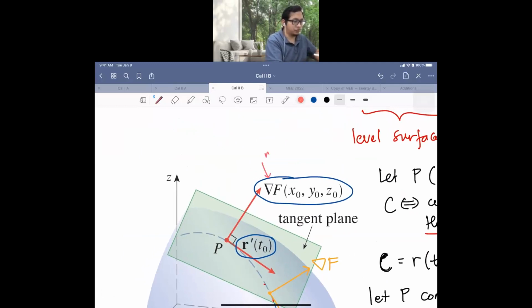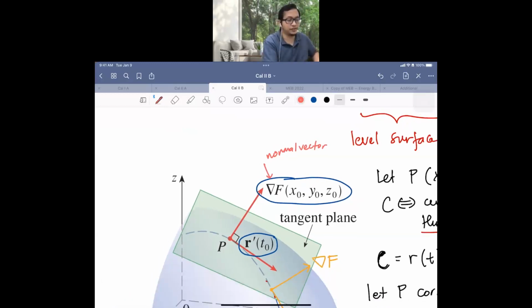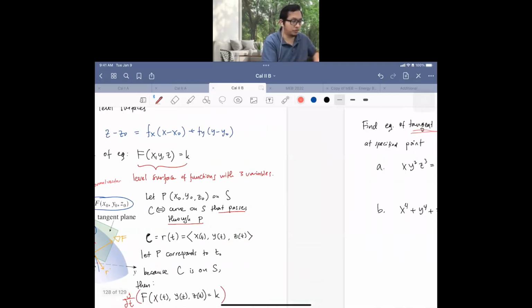This is the normal vector, because it comes out of the plane. That's the definition of normal, if you remember.